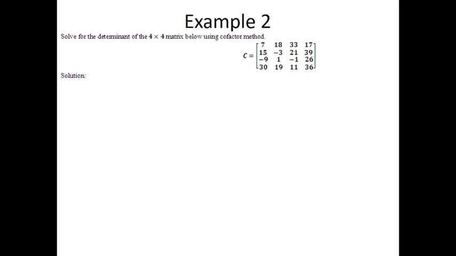So, to determine the determinant, we have to recall the formula for the cofactor method. Okay? And also, aside from the formula that we have to recall, we are to select the row that we desire in our solution, selecting an ith row of matrix C. So, the matrix has 4 rows.